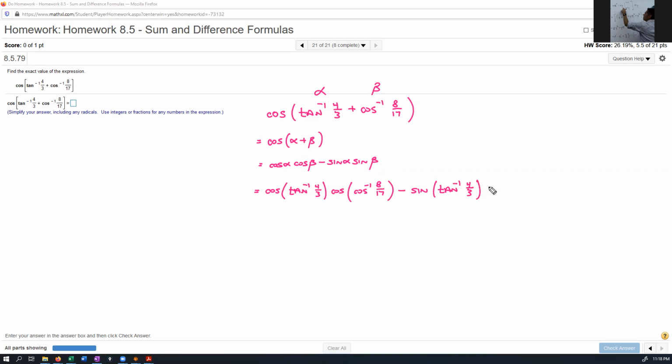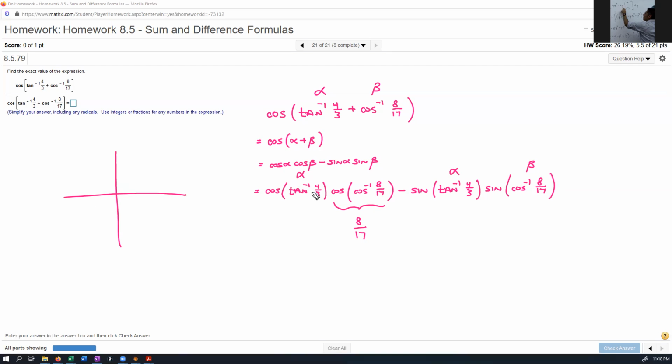And then sine of beta, which is cosine inverse of 8/17. Okay, any of these easy? This is the only one that's easy. That's just 8/17 because they kill each other off. So let's talk about alpha. Alpha's here and alpha's here. Here's beta. All right, let's talk about alpha first.